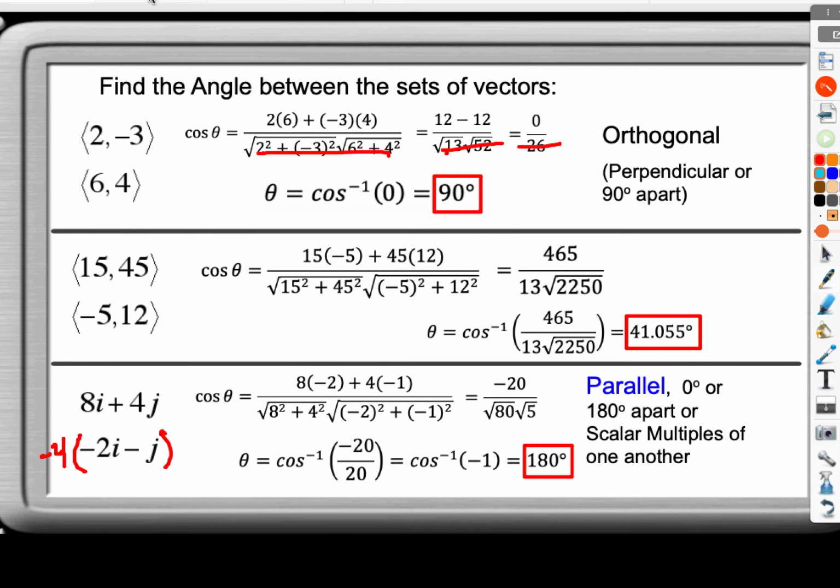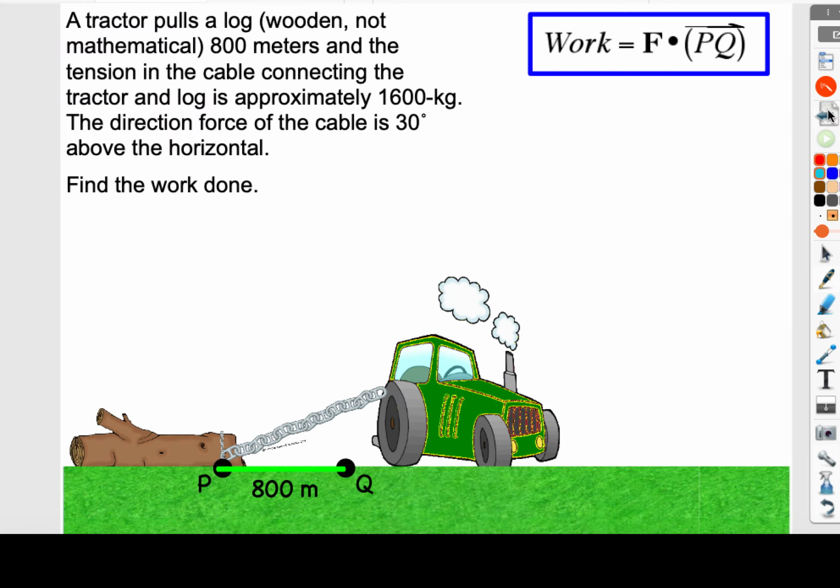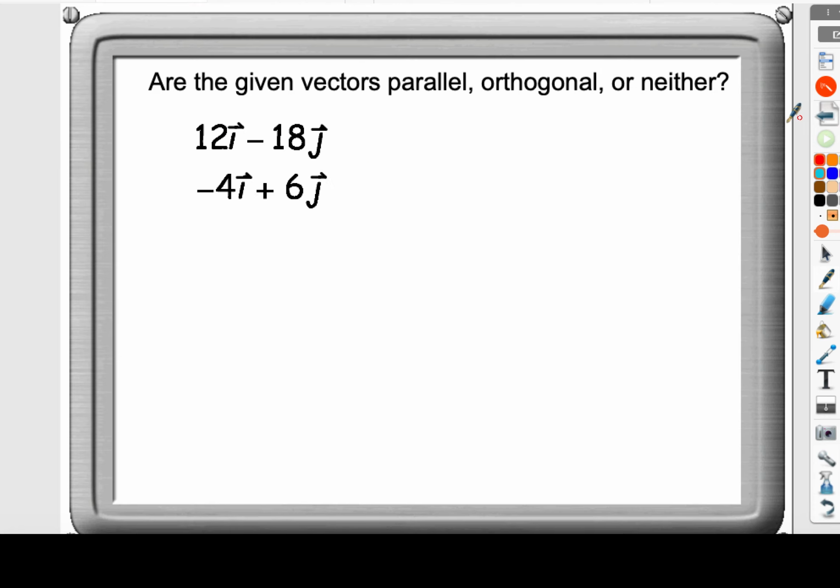So if the book asked you a question, kind of like this one here, are the given vectors parallel, orthogonal, or neither? Well, what we could look for right away is that, hey, notice this vector times negative 3 is going to be 12i, right?